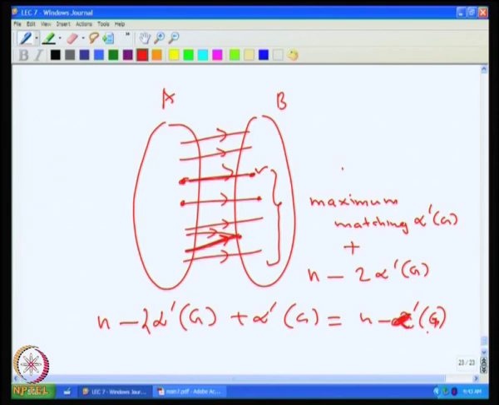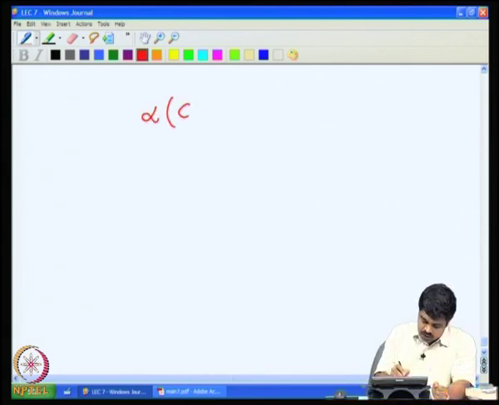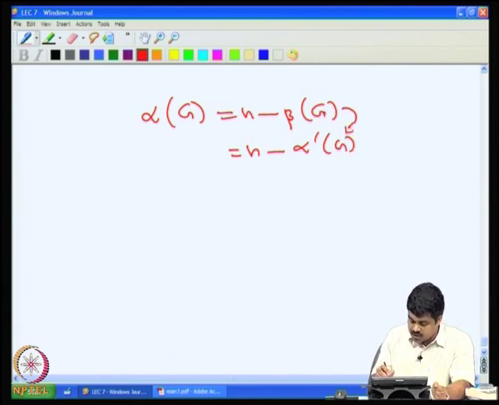But then, is it less than or equal to alpha of g? In the independent set size, this is alpha dash of g, the biggest matching. But this alpha of g, I know that it is equal to n minus beta of g, the vertex cover, and this is actually n minus alpha dash of g also, because by Koenig's theorem, these two are the same: the biggest matching and the smallest vertex cover have the same cardinality.